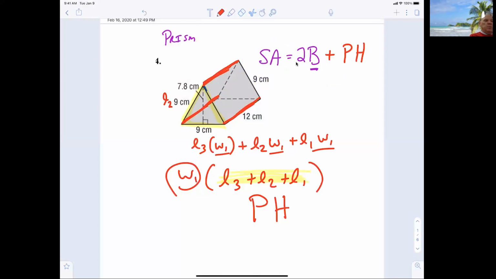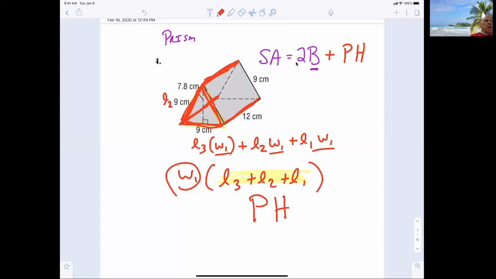If you just observe what I said, you understand that by adding up the area of the sides, that is simply the perimeter times the height. Another way you could look at it is if you cut this and opened it up, it would just be one giant rectangle, wrapped around the base.